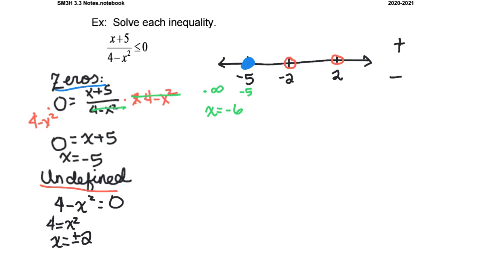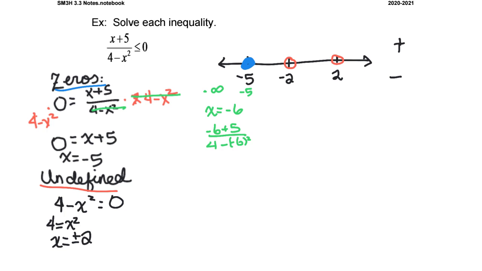So I know it's not going to cross through it before, or else that would have been a 0. So by testing -6, I'm going to take -6 plus 5 over 4 minus -6 squared. And I don't actually care about the values.